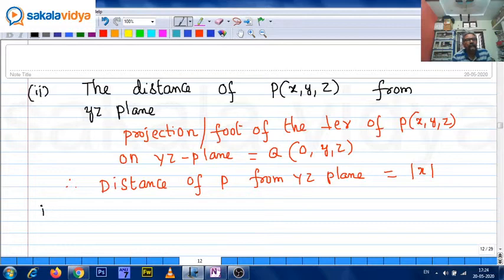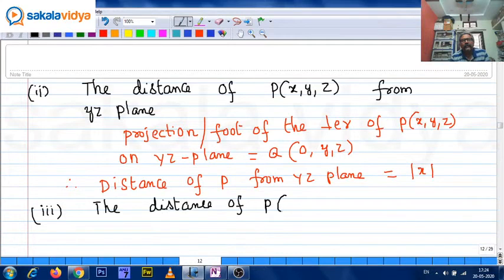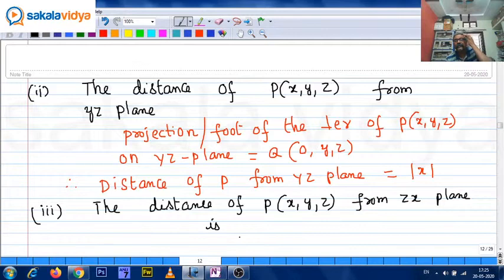This is the third point now. The distance of P(x, y, z) from the zx plane is mod y.